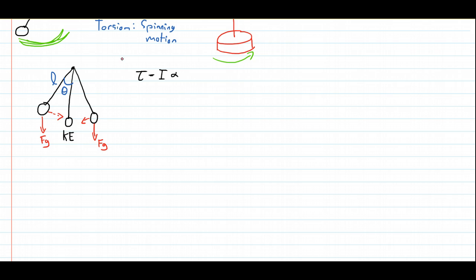And so we can define both the torque and the angular acceleration just like we did in the past, where torque equals force times length, where again the length is the length of the string. And then our tangential acceleration equals radius times angular acceleration. But our radius in this case is again the length of the string, so this becomes L alpha. Or in other words, a_T equals L alpha.